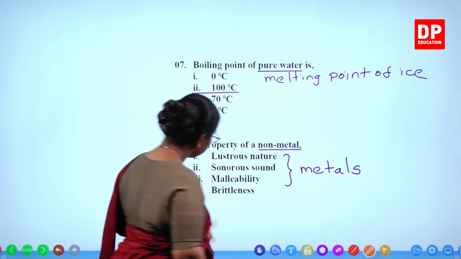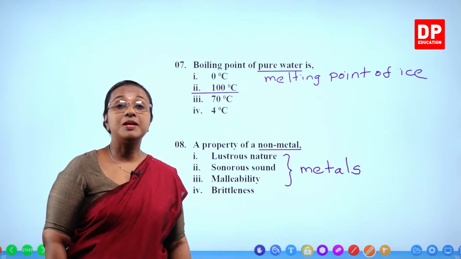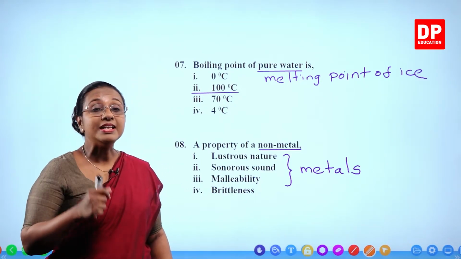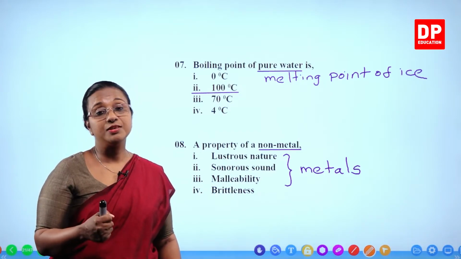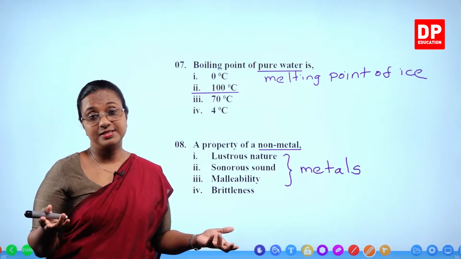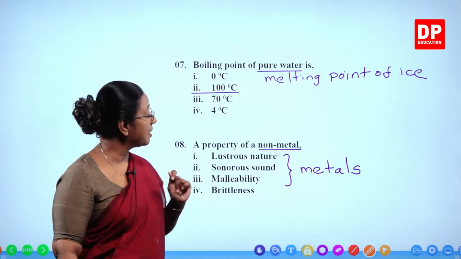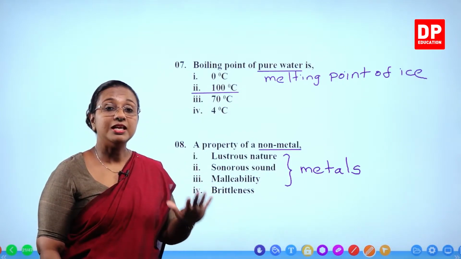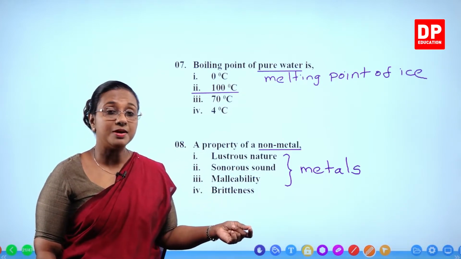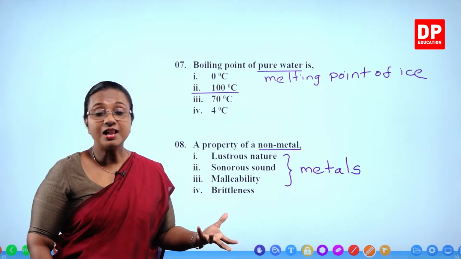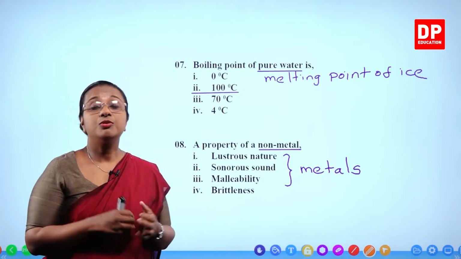Then the last one, brittleness. When applied with a force, or when you hit them with force, they break into pieces. That is what we call brittleness. Usually, non-metals are brittle. You can remember carbon, graphite, then even sulfur, you get it as powder.